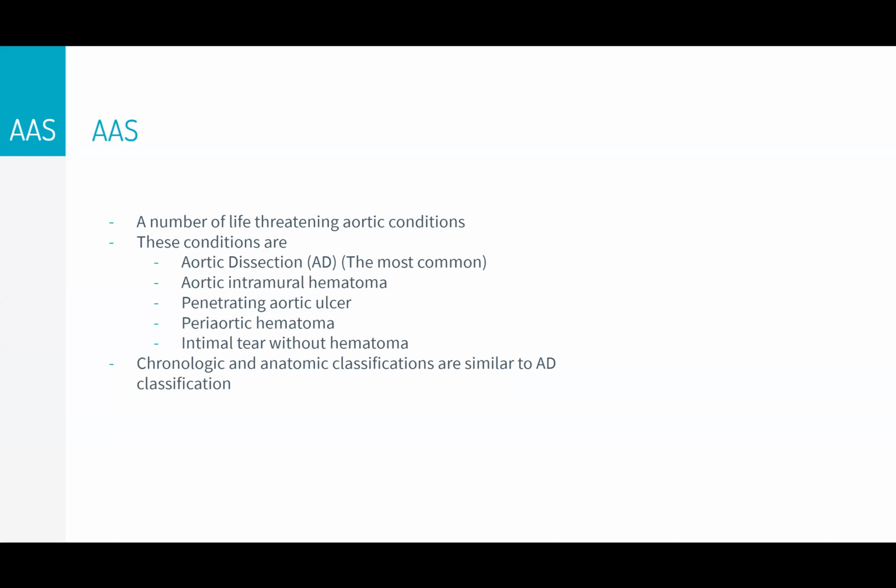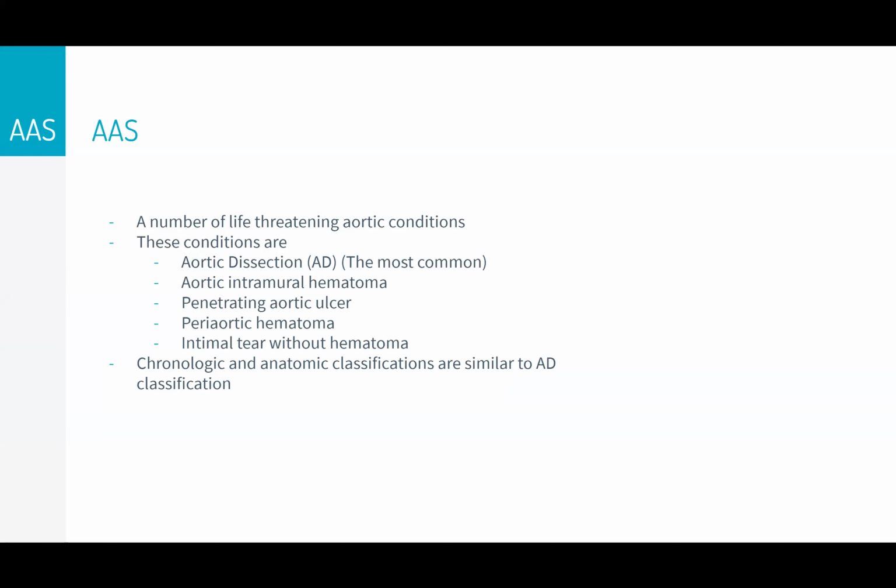It is made of a number of life-threatening aortic conditions. These conditions are aortic dissection, which is the most common, and then we have aortic intramural hematoma, and then the penetrating aortic ulcer, and periaortic hematoma, and intimal tear without hematoma.